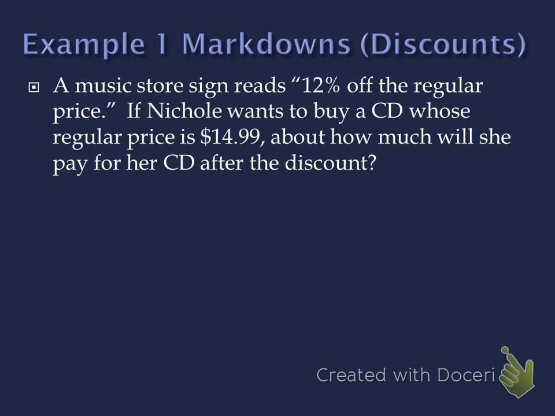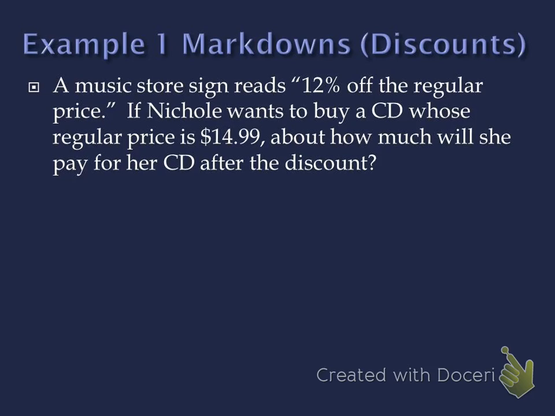For example 1, it says a music store sign reads 12% off the regular price. If Nicole wants to buy a CD whose regular price is $14.99, how much will she pay for her CD after the discount?